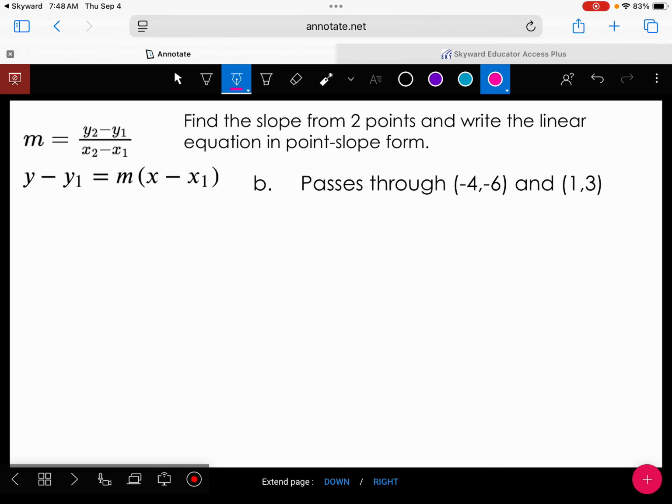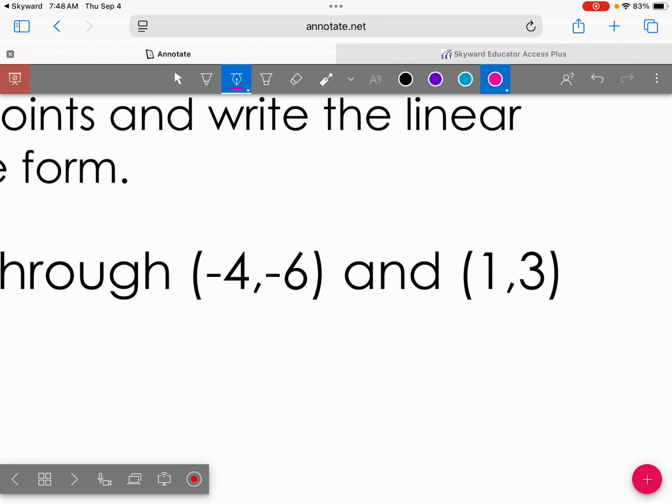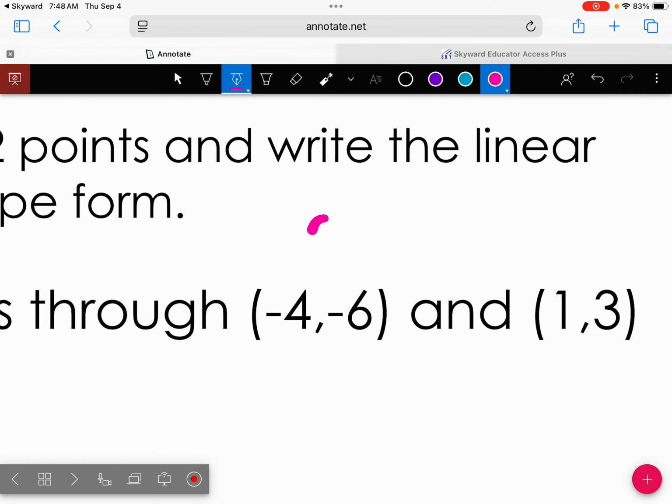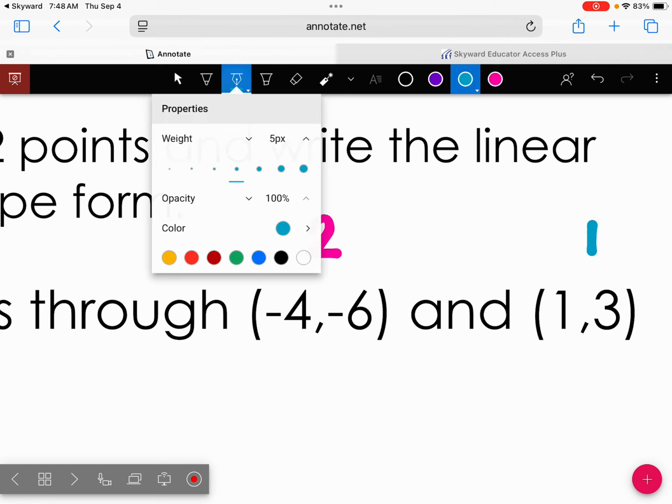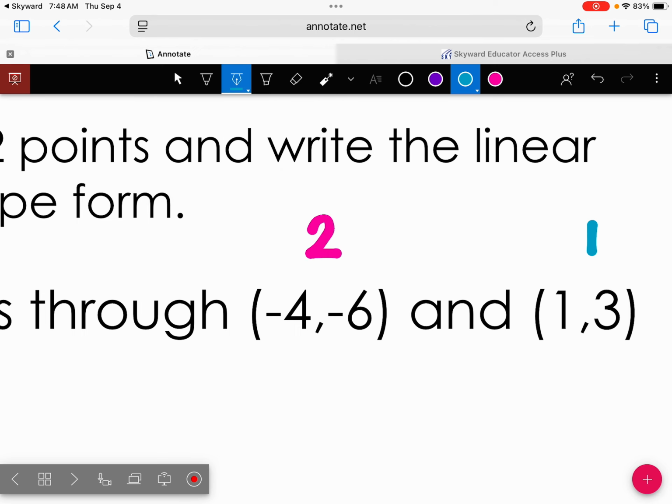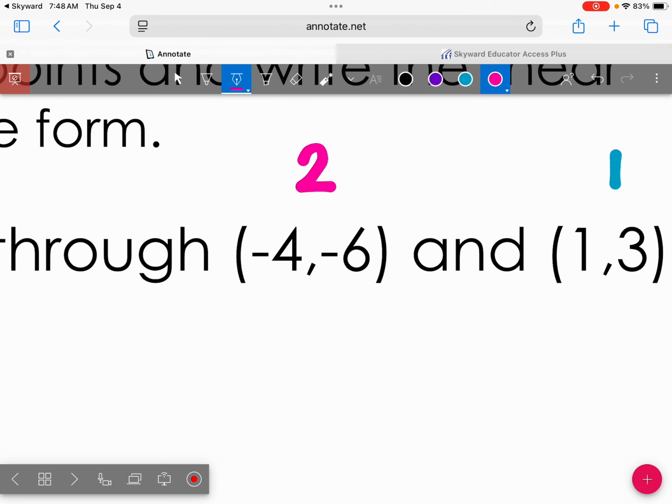But we're going to do this exact same thing. We're going to make these our point 1 and point 2. Just for funsies, I'm going to switch it. I'm going to say maybe this guy's point 2 this time, and maybe this guy's point 1. It genuinely does not matter which one you name which. I like to label things because it helps me keep organized.